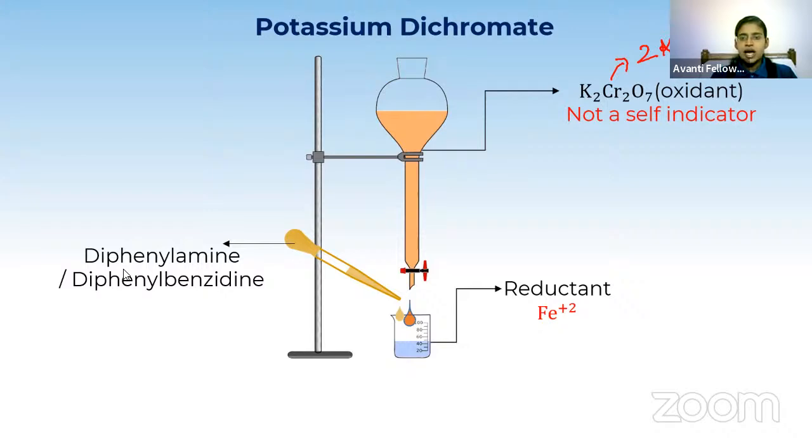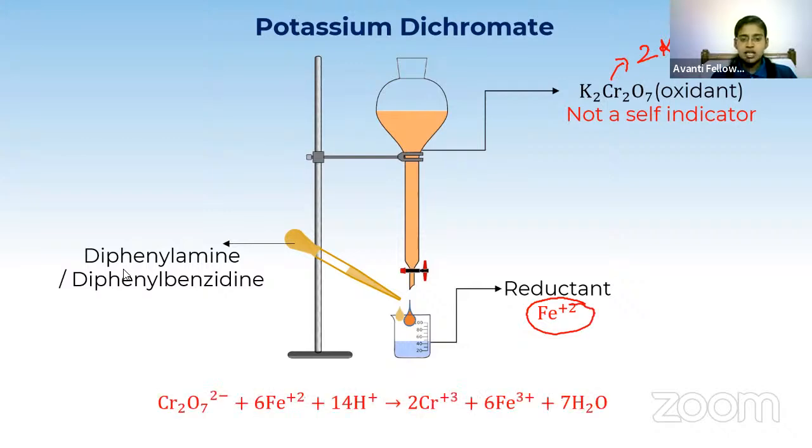The anion of potassium dichromate will react with Fe2+ in presence of acid to form Cr3+, Fe3+ and 7H2O. It is a redox reaction, right?